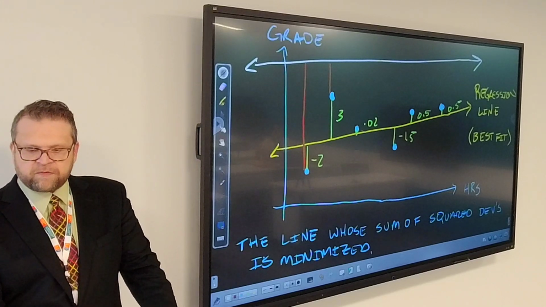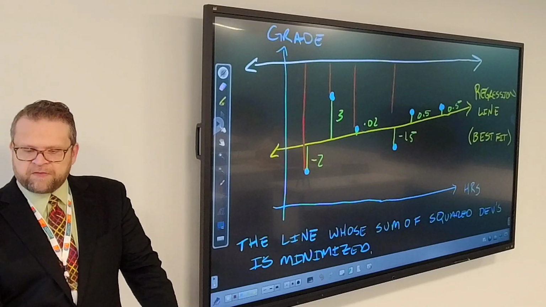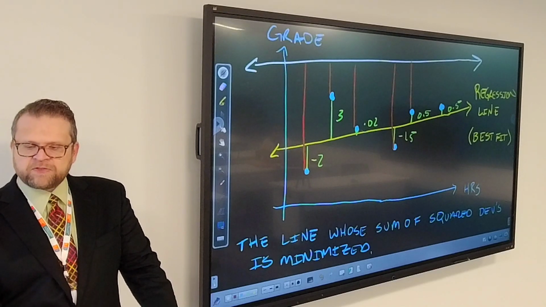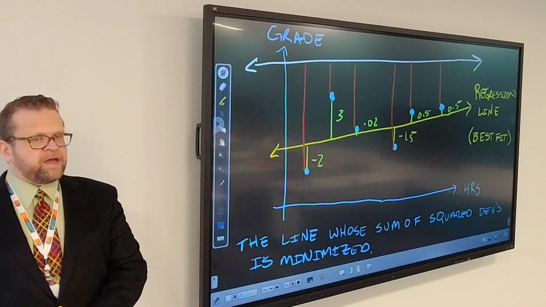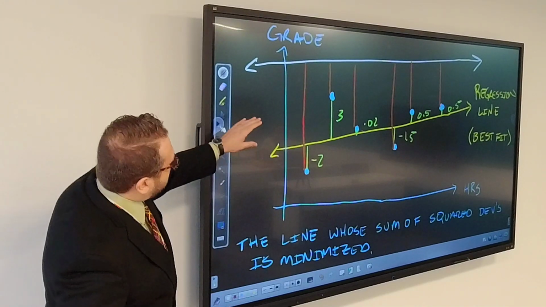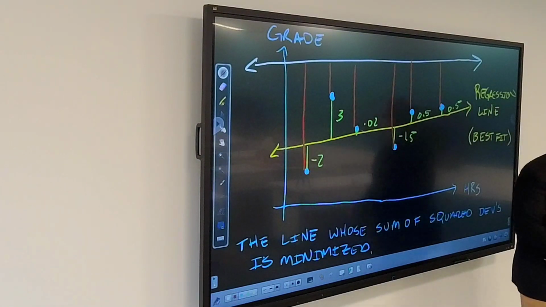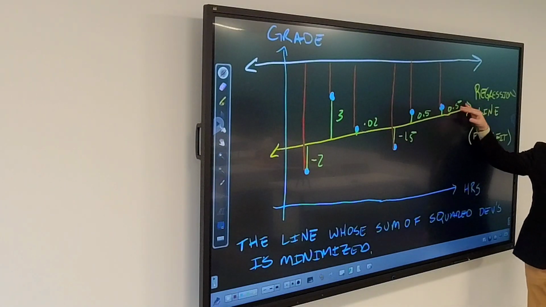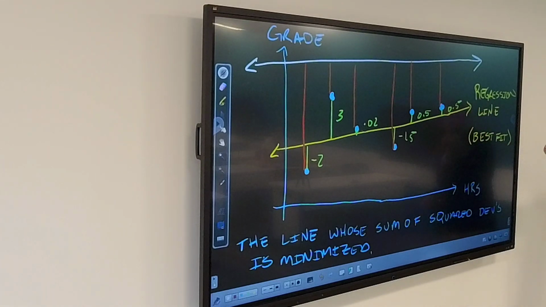We would have this one that we'd have to square. We'd have this one we'd have to square. And by the time I got all these deviations measured, squared, and added up, can't you see that the number I would get would be much larger than the one that I would get for the yellow line? Yeah, much larger. Because all those red lines are way longer than the green ones.